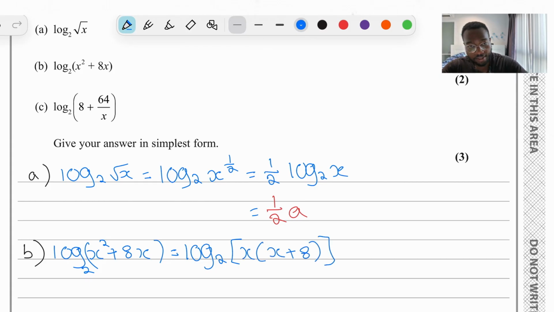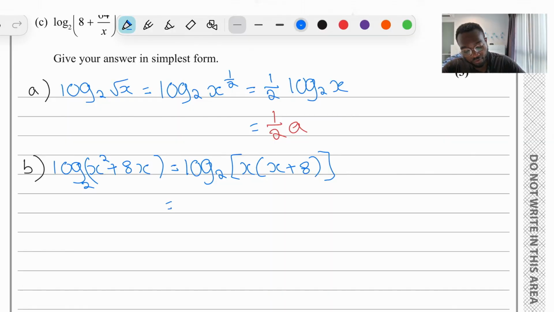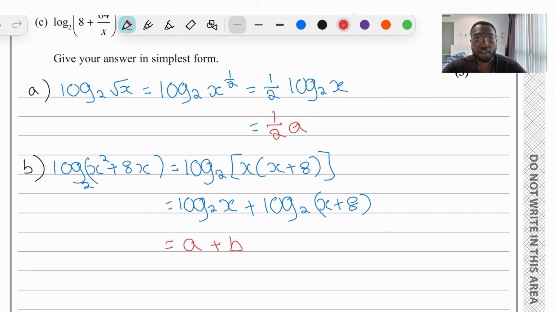And then with log rules, if we have two things being multiplied like this, that's the same as log base 2 of x plus log base 2 of x plus 8. As we can see, log base 2 of x is a and log base 2 of x plus 8 is b. So it would just be a plus b.